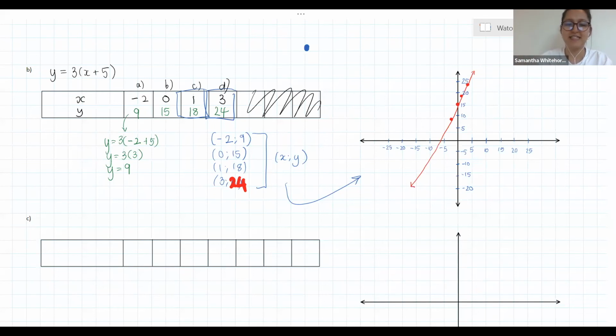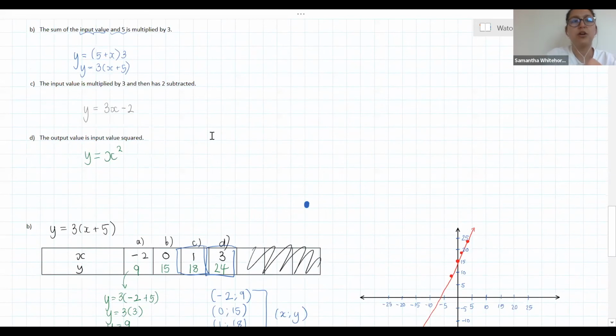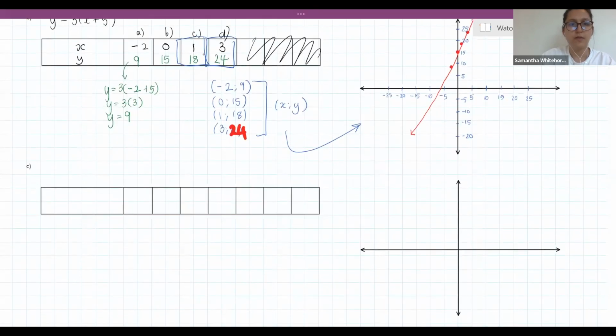Okay, guys. So let's have a look at the next sort of graph that we had a look at together. The third equation that we spoke about, if we just scroll up again, was this equation of y is equal to 3x minus 2.